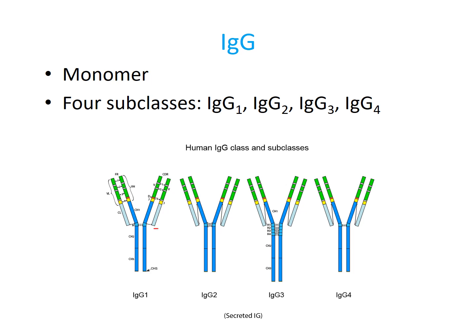Look at the hinge regions in each of these, and you'll note a big difference, okay? They are all different. They have a different number of bonds in there and so on. So that's important, and it'll come up when we talk a little bit later about the different functions of each of these.